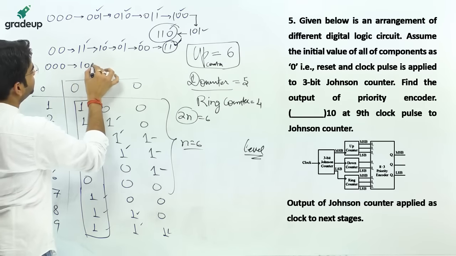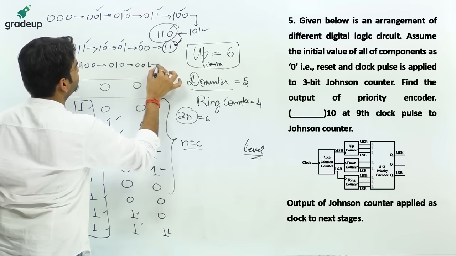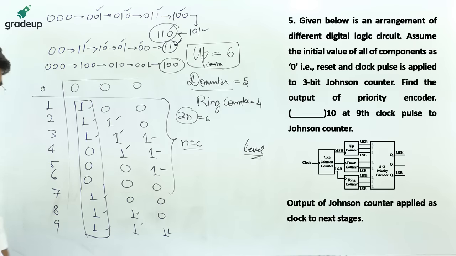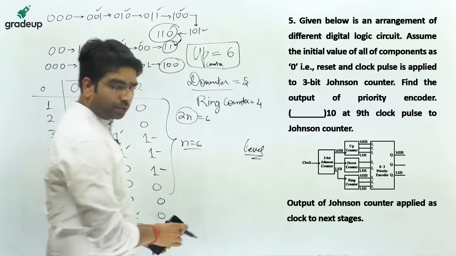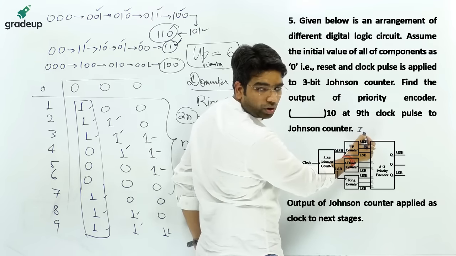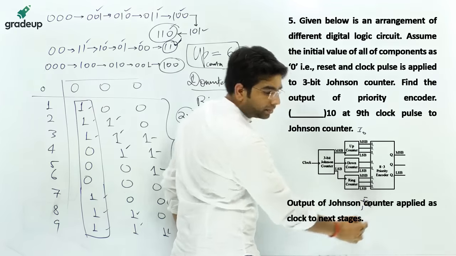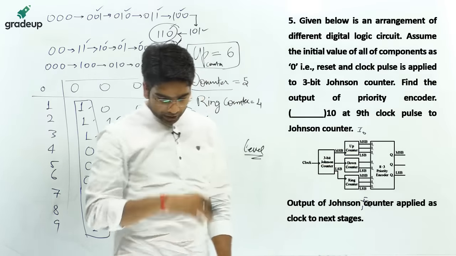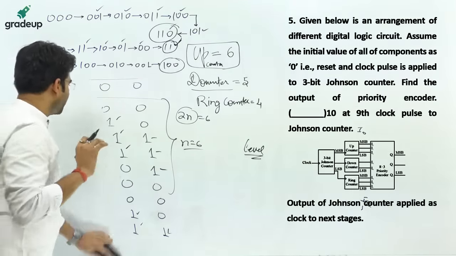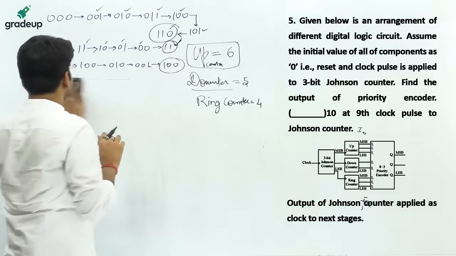So 1 0 0, 0 1 0, 0 0 1, and again the fourth is this. Mind my friends one thing, it is from this I0, okay, and here it is I7. At the top is I0, at the bottom is I7, okay. Take that thing in consideration because it is very small given, that's why I am doing it. So it was like this.